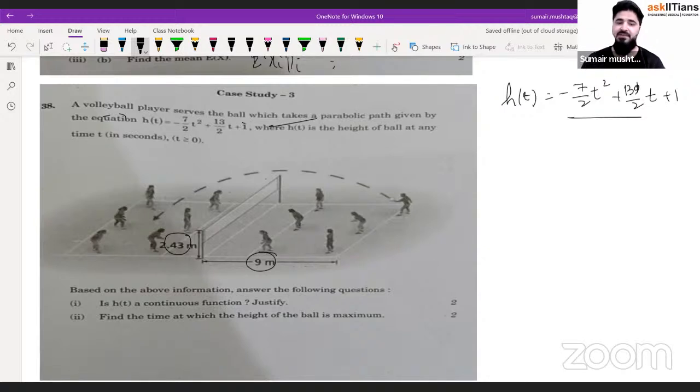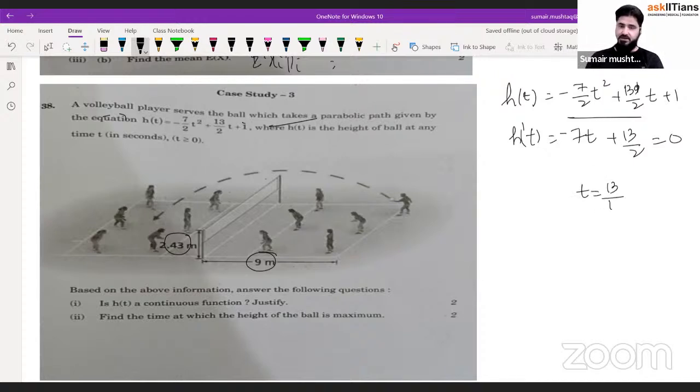Okay. Find a time at which the height of the ball is maximum. That means you need to find its maxima. That is h dash of t. Find its derivative. That is minus 7t plus 13 by 2, because that's 2t. You need to set this equal to 0. Why? Because I need to find the critical point. So for the critical point, I will get t equal to 13 by 14.